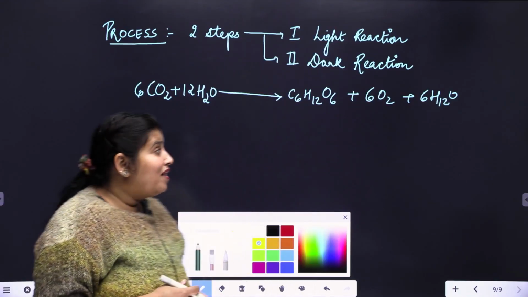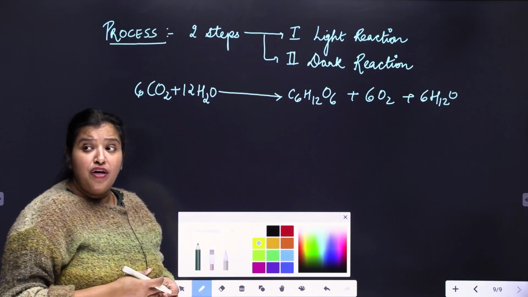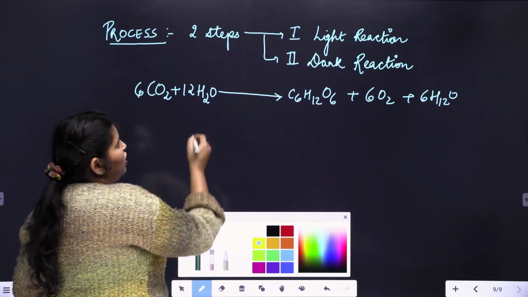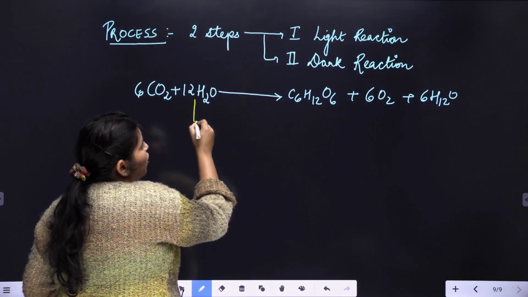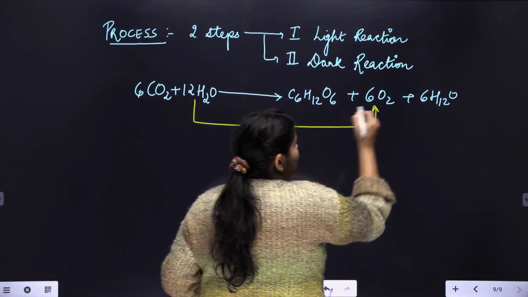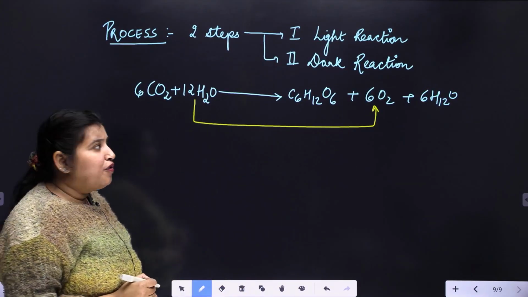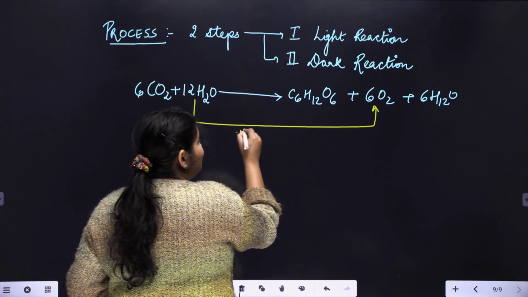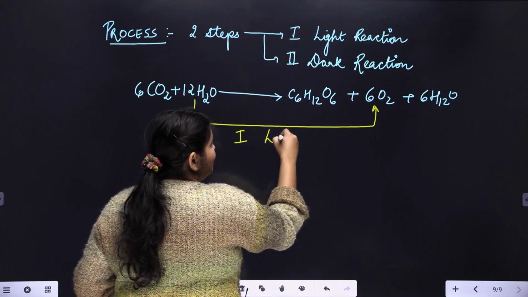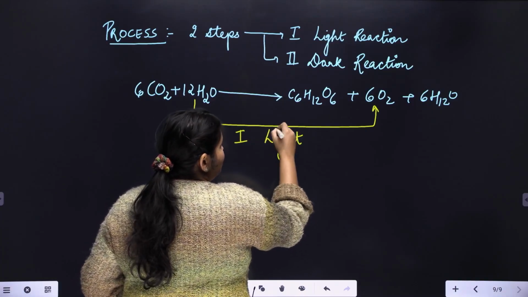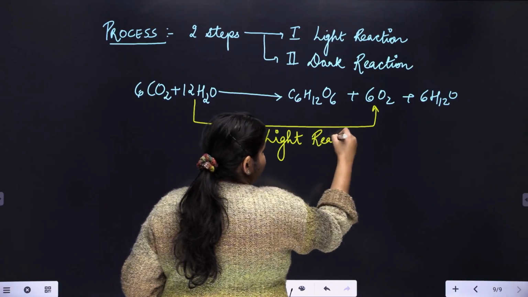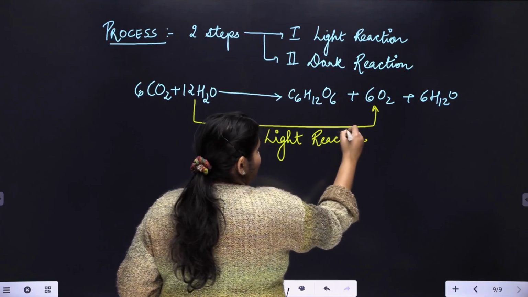All right. And this photolysis is happening during photosynthesis. So photolysis means splitting up of water to release oxygen. This is what we've already discussed. So this is the first step of photosynthesis. This is the first reaction, which is light reaction.